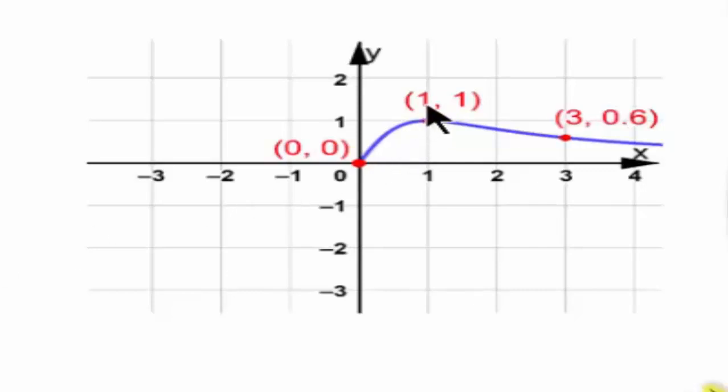We have here (1, 1), we will take (minus 1, minus 1). And we have here (3, 0.6), we will take (minus 3, minus 0.6). And then we will draw the graph like this.